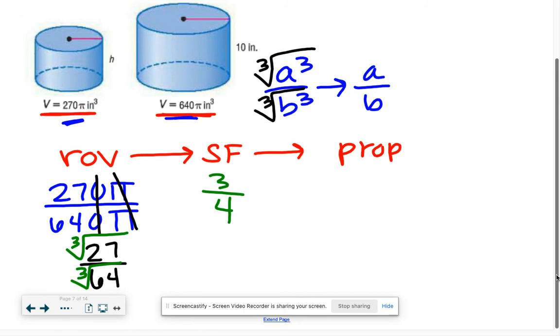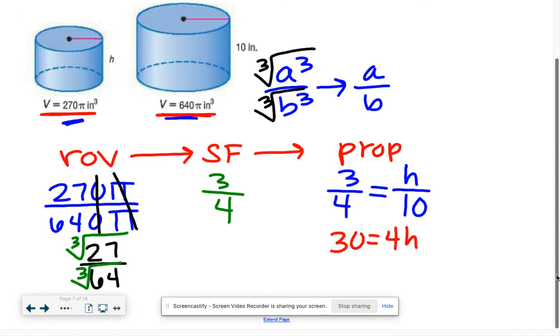And now from here, we can simply write our proportion. So 3 over 4 equals, we're looking for the small one, so h has to go on top, over 10. Now we just cross multiply. So 30 equals 4h. Divide out, h equals 7.5 inches.